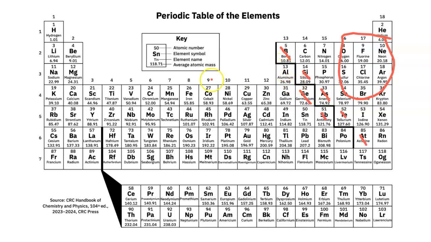Aluminum is generally considered a metal. Polonium, also a metal, because they're on the metal side of the stairs and they're not two of the metalloids. Anything else over to the right of these stairs would be a nonmetal. Anything to the left would be a metal. These elements down here all count as metals as well.